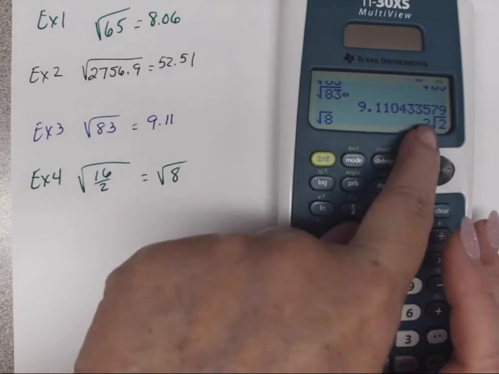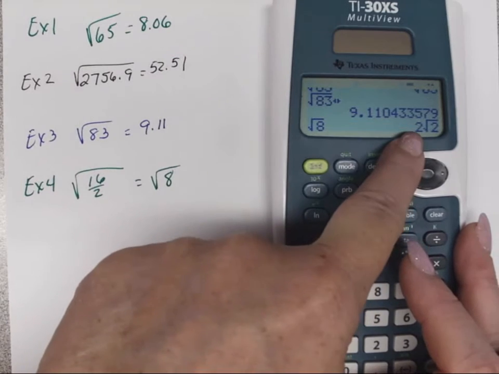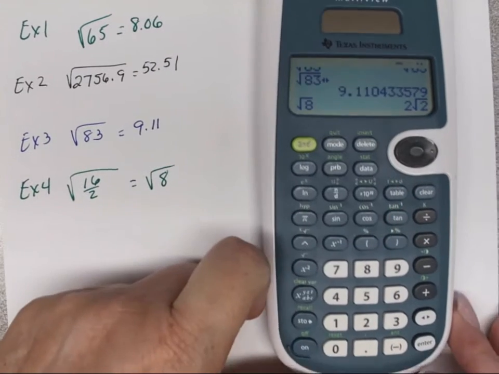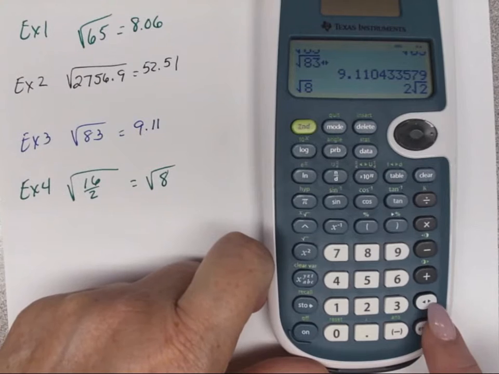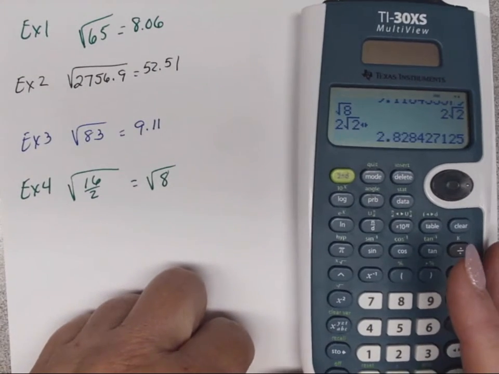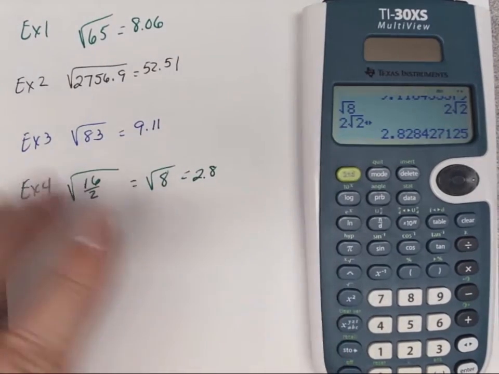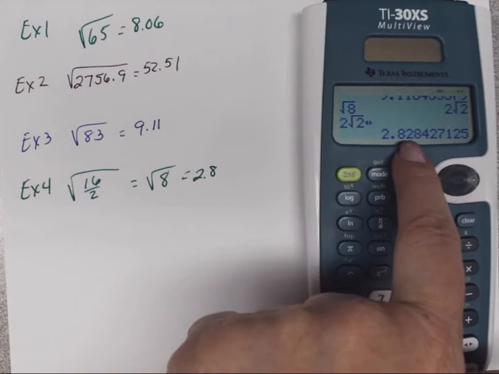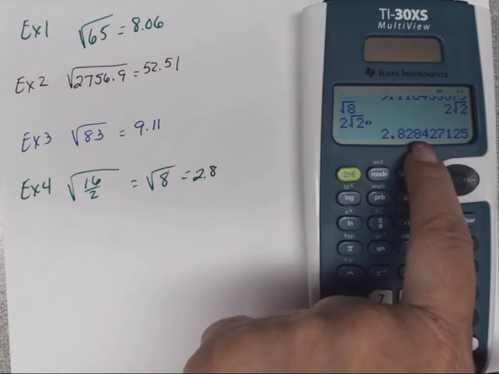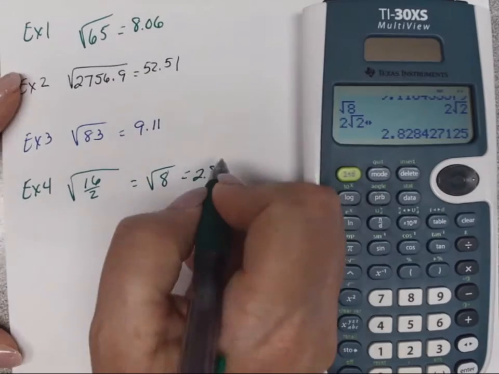Now my calculator gives me the exact value, but I'm looking for the decimal approximation, so I'm going to hit this double arrow to get my decimal. So it's 2.8, and what happens to my second number? The number after the 2 is another 8. That's 5 or greater, so it will round the 2 up to a 3.